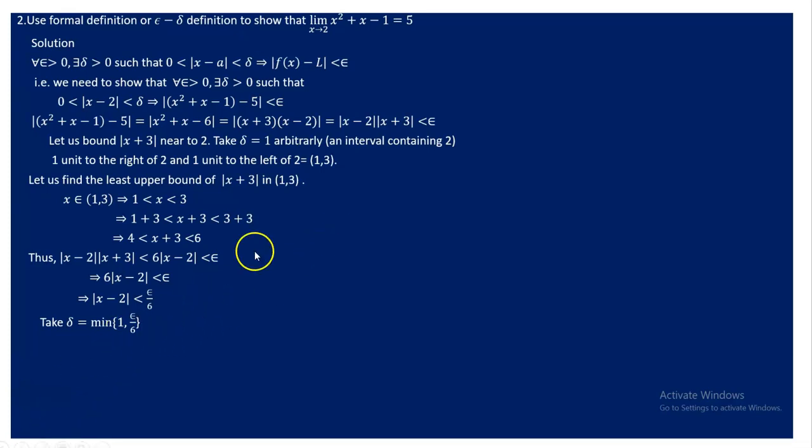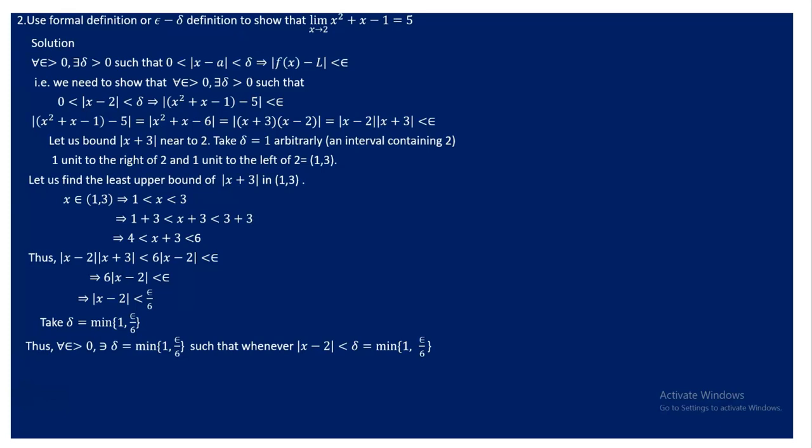In case it is greater than 1, you are free to take delta to be 1, but in case the difference between x and 2 is less than 1, you are free to take delta to be epsilon over 6. So this is the idea behind. You do have this option, so delta can be the minimum of 1 or epsilon over 6. So taking that delta value, one can verify that this is proved.